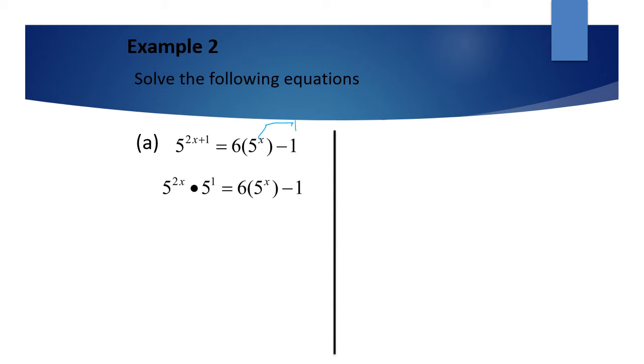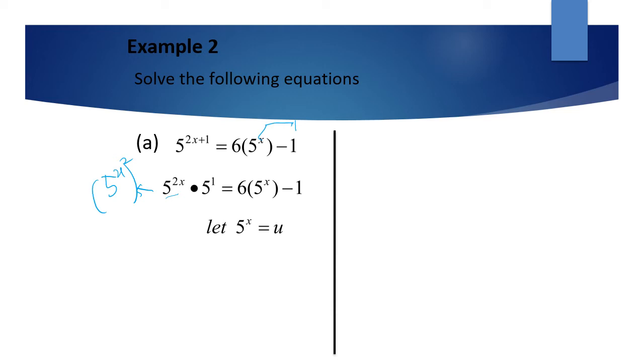Okay, so we let this index here be separated. So we have 5 to the power of 2x plus 1, which is multiplied with 5 to the power of 1. So we can represent 5 to the power of 2x as 5 to the power of x, to the power of 2.